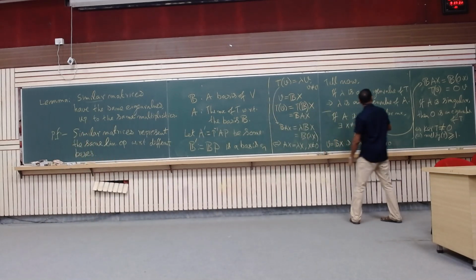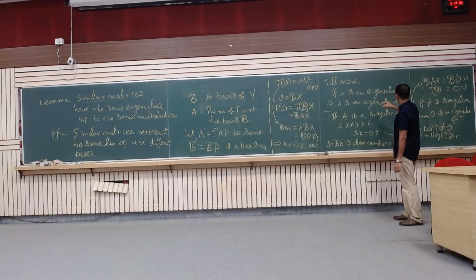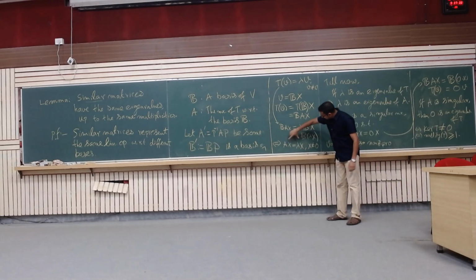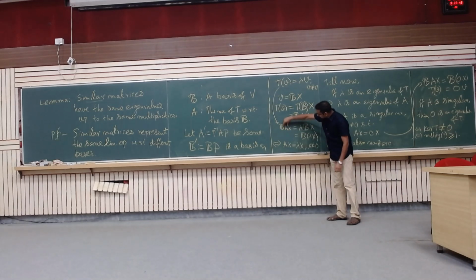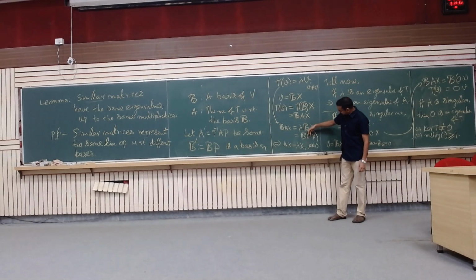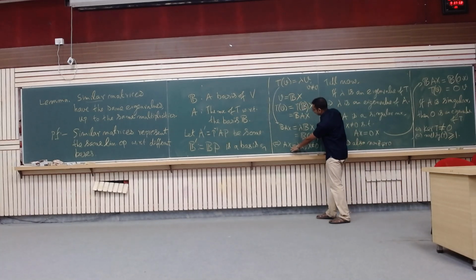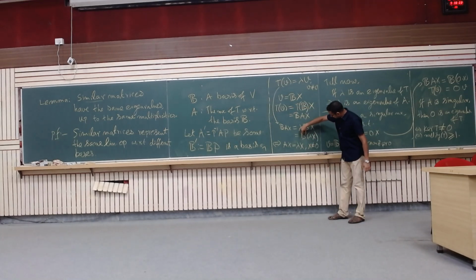Now, we were just trying to say that if lambda is an eigenvalue of A, whether we can go back. So, if Ax is equal to lambda x, even if A is singular, this is not causing a problem, because you consider just the linear combination of the basis vectors with Ax, that is going to give you the linear combination which is given by lambda x. And you can trace this back to what is BAx, that is T of v, and what is B lambda x, that is just lambda times v, right?